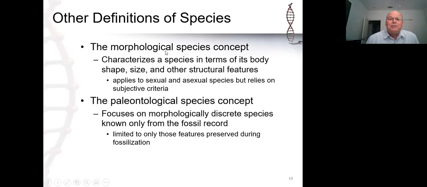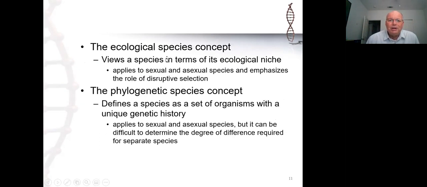So we probably wouldn't want to use this one because it could be kind of confusing. The phylogenetic species concept probably wouldn't work in the field because we don't have any evidence of shared evolutionary history by observation in the field. But we could use the ecological concept because we could clearly see whether they were using different habitats or not.